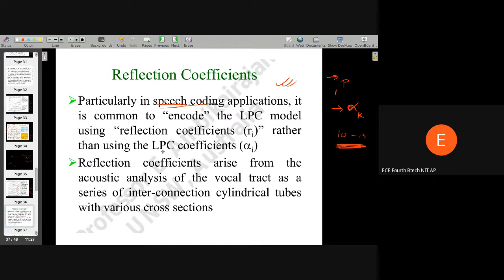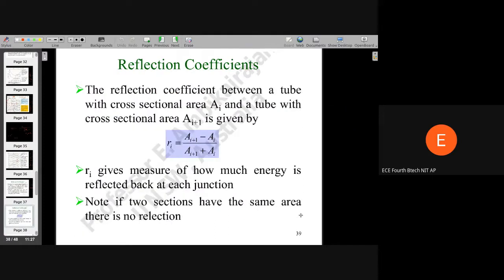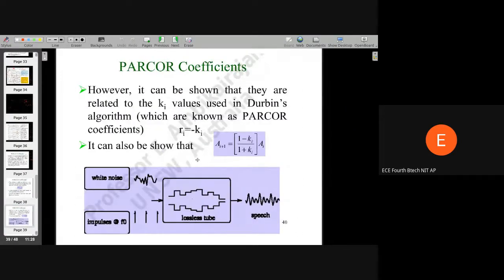There is something called reflection coefficients, which are used for estimating the areas of the tubes of the source filter theory model. These reflection coefficients are related to the Levinson-Durbin algorithm.